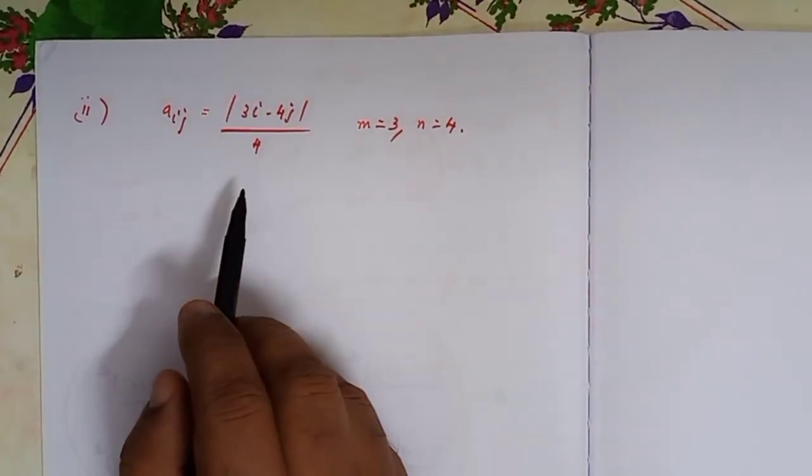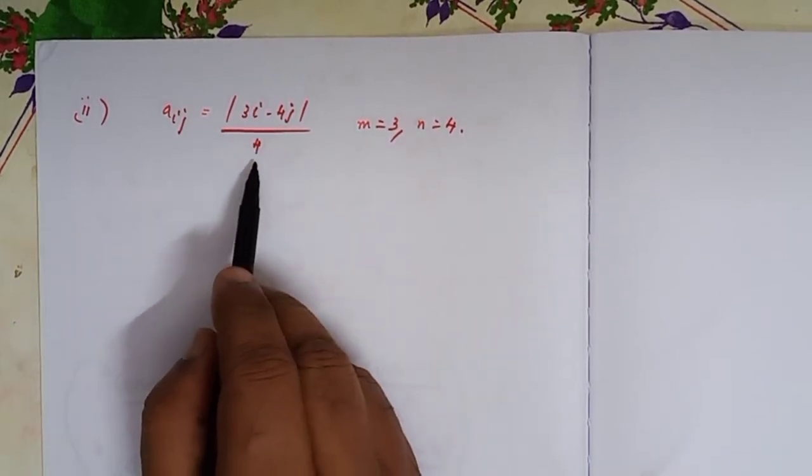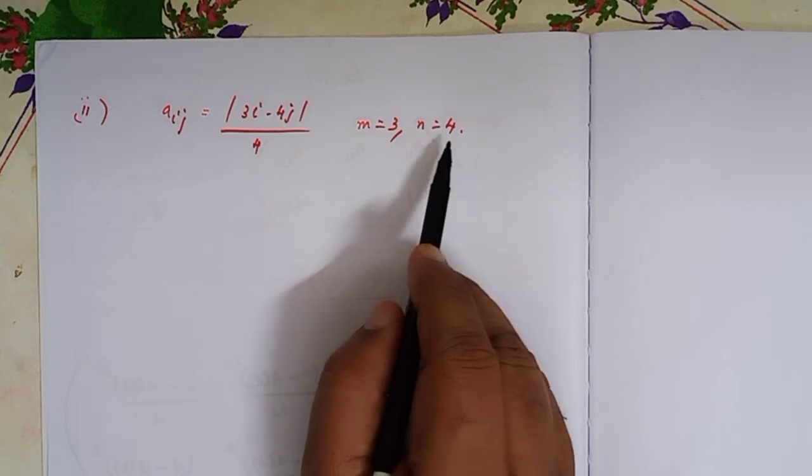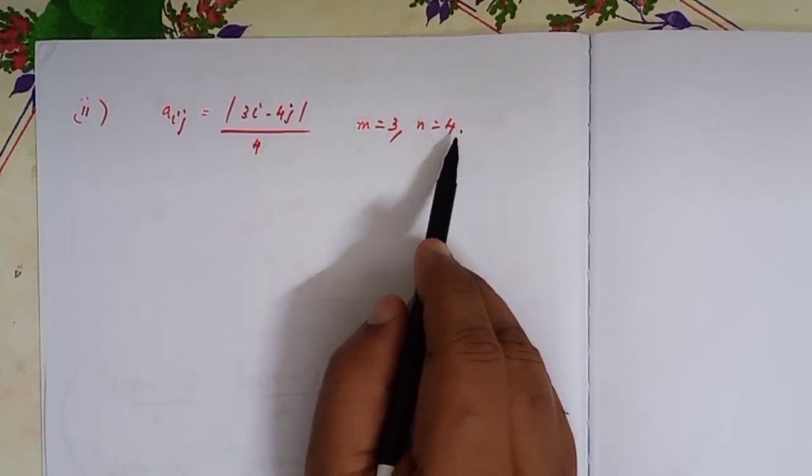Here we have the second subdivision, Aij that is equal to modulus of (3i minus 4j) whole divided by 4, and m equals 3 and n equals 4. Now we have to construct a matrix of order 3 rows 4 columns.